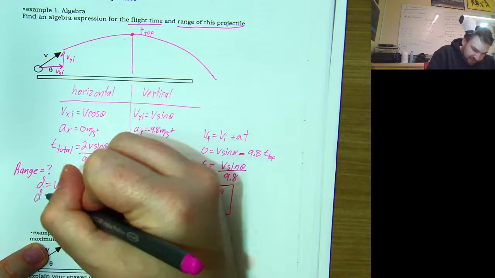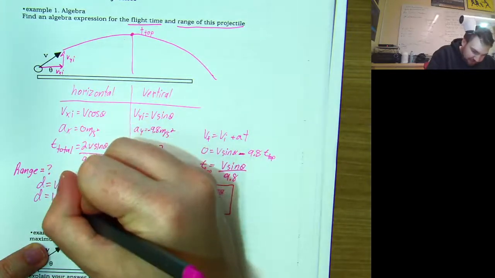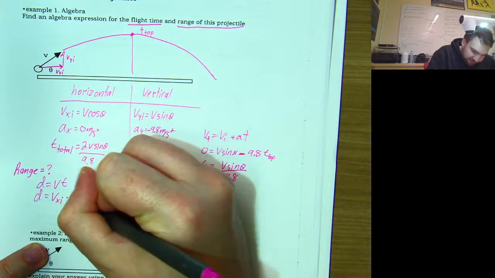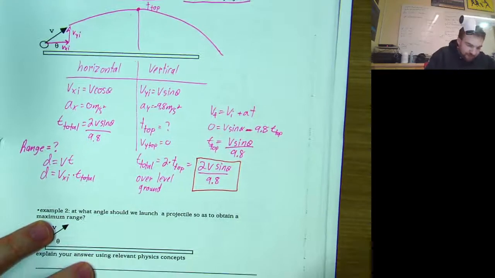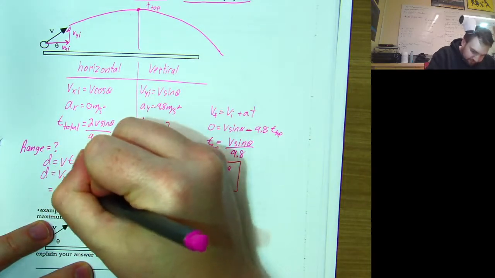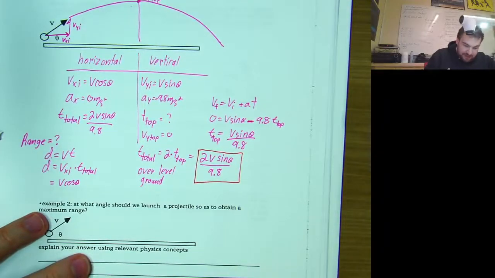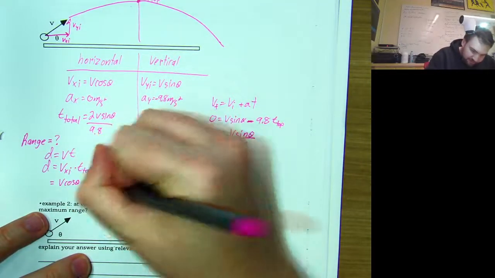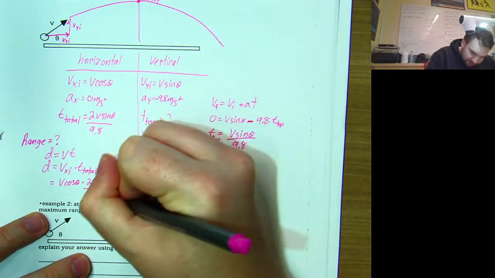So d is going to equal Vx initial times T total. We've got these two different expressions here. Vx is V cos theta, and time is 2V sine theta over 9.8.